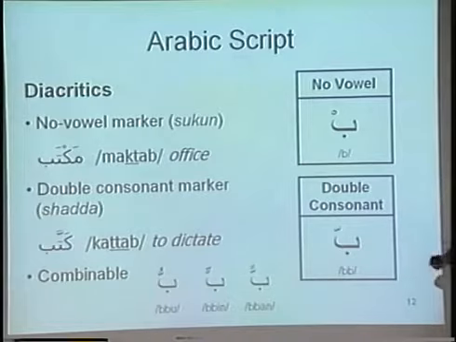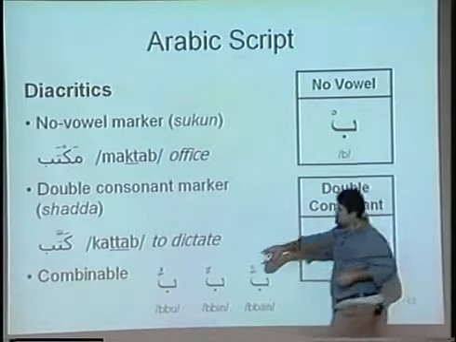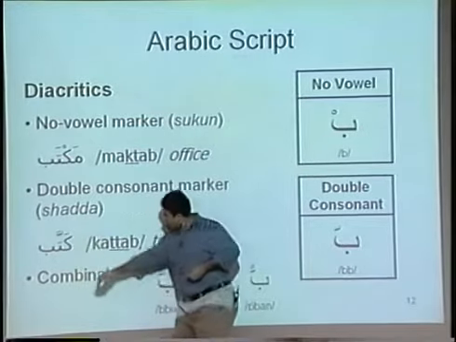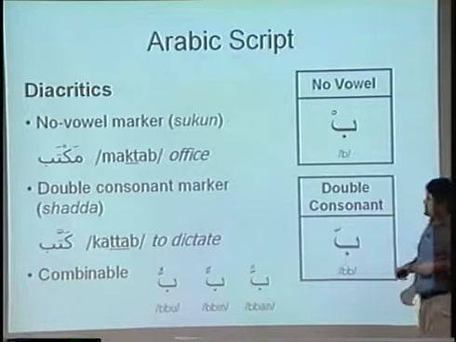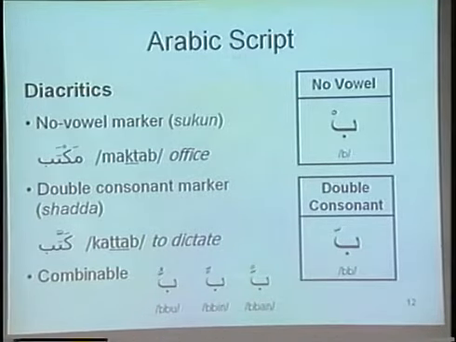So this word over there is kettab. You actually pronounce the T twice. You can see it over here. And they do combine with each other. So you could have, in principle, a double consonant at the end of a word that happens to be indefinite in a nominative case, and you get ubbun.